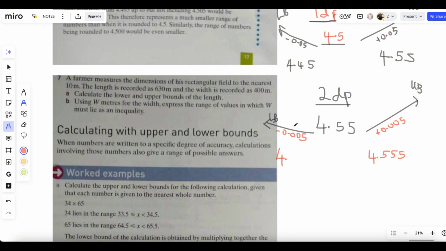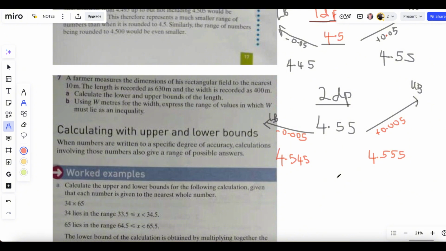You get 4.545, right? Check. Okay, finish this one up. You get 4.545. So this is all for upper bound and lower bound.